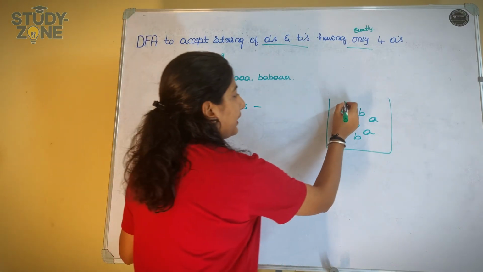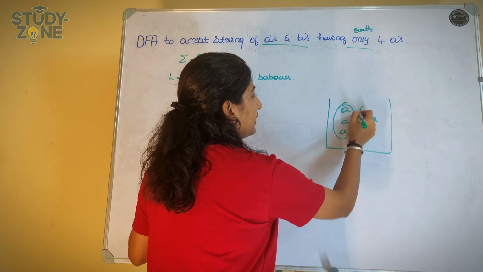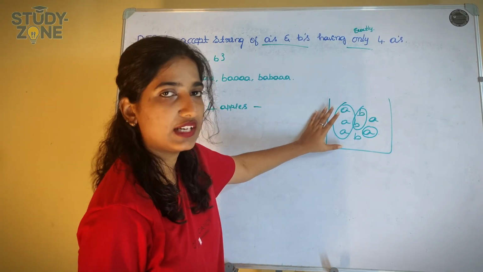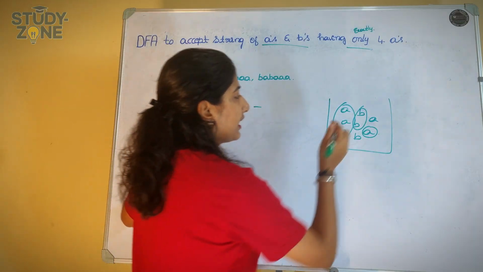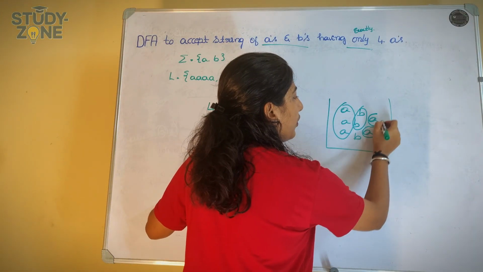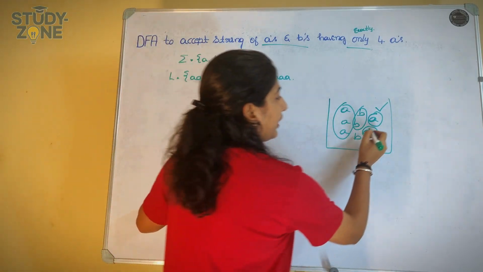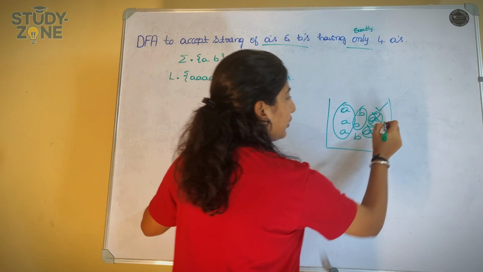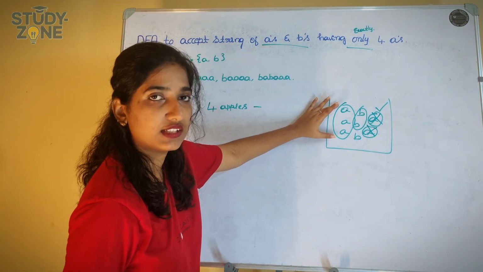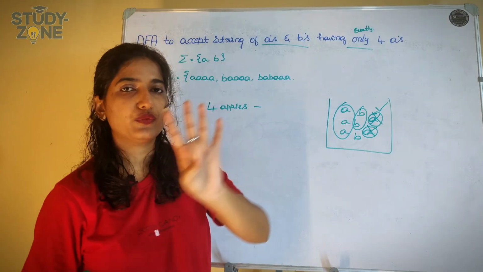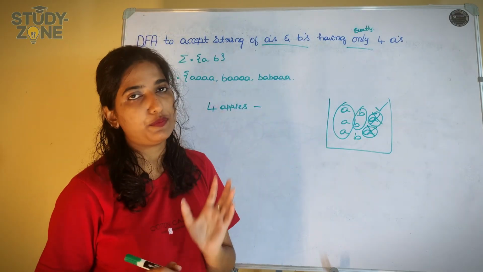If he picked 4 apples and 2 bananas, then this should get accepted. By mistake, if he picked up one more apple, then it will get rejected. Or if he throws away an apple and collects only 3 apples, then also it will get rejected. At the end we should have 4 apples and any number of bananas.